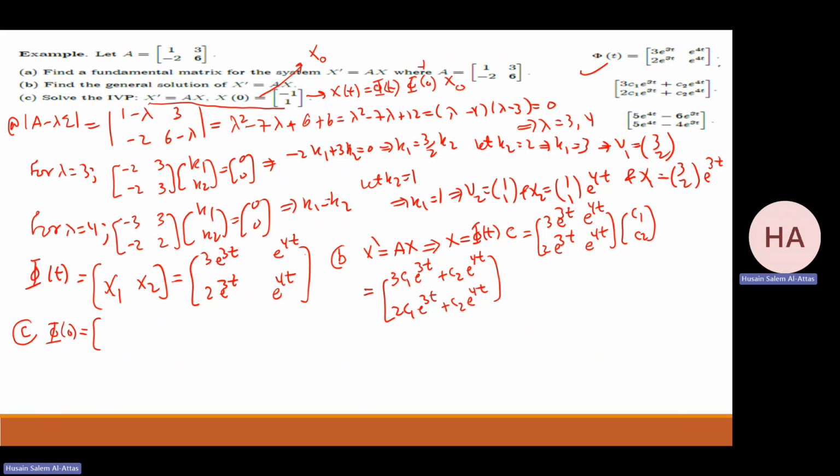This is phi, so just substitute at 0. That will be 3, 1, 2, 1. What is phi inverse at 0? The determinant is 3 minus 2, which is 1. Very clear. That will be 1, minus 1, minus 2, 3.